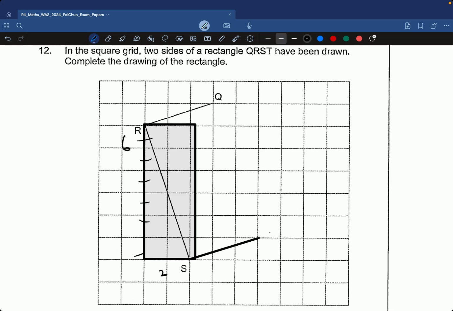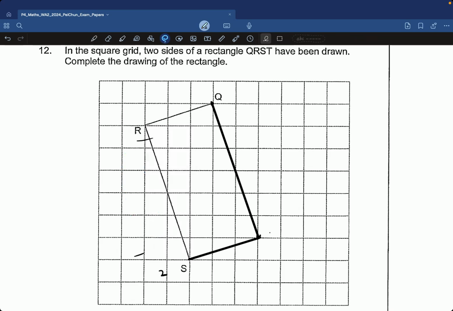So 2 by 6. So that means we can just draw this 2 by 6. Or actually, you don't need to. Since you have it like this, you can just draw from this point to this point. It's pretty straightforward. There you go. So that's how you do it. So you can ignore the 6 by 2. And there you go. This is how you complete the drawing to make it a rectangle.